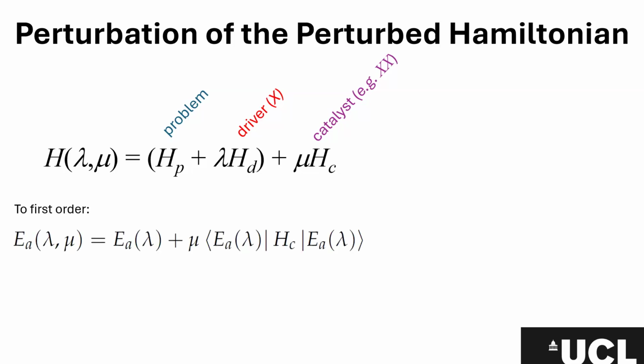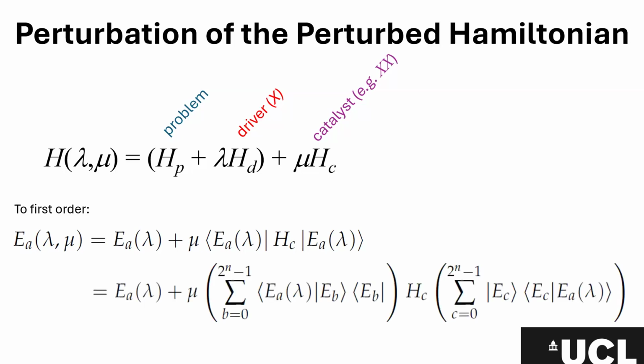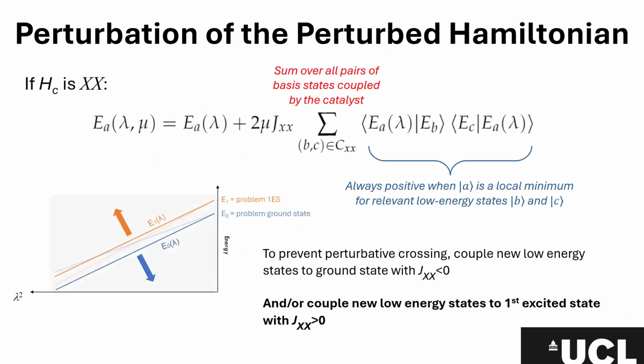And to first order, you can write down your perturbative expansion like this, where this is some eigenenergy that's already perturbed by the driver, and then we add the perturbation here from the catalyst term. Then you can re-express this using these computational basis states B and C. Now, if your catalyst is this XX interaction, so your catalyst Hamiltonian now is XX, then this simplifies things further.